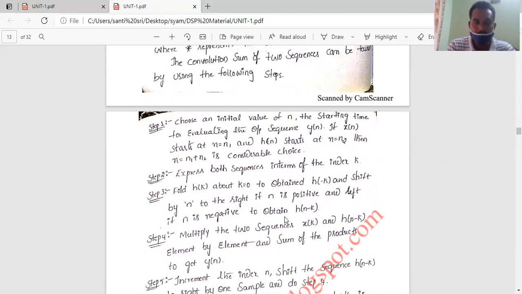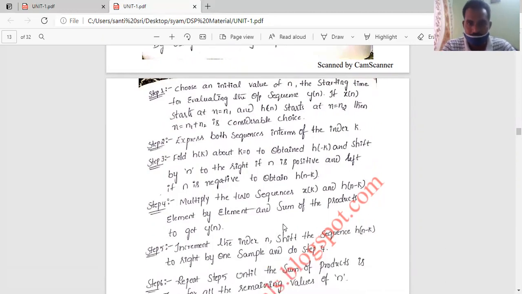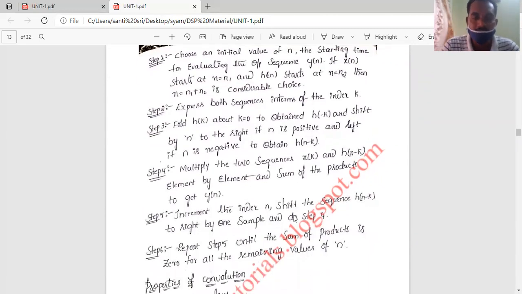Step 4 is to multiply the two sequences x of k and h of n minus k element by element, and sum the products to get y of n. That was there in the formula. Step 5 is to increment the index n, shift the sequence h of n minus k to the right by one sample, and do step 4.